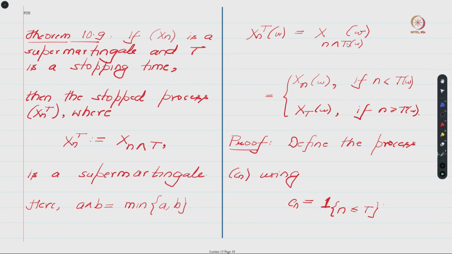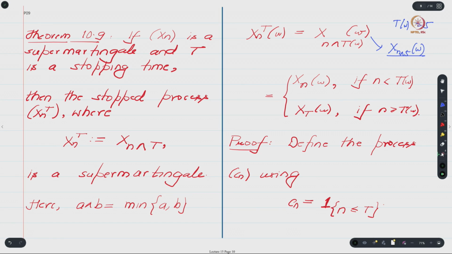Then X of n min T of omega now makes sense. For example, if your T of omega is 5, this will be X of n min 5 of omega.